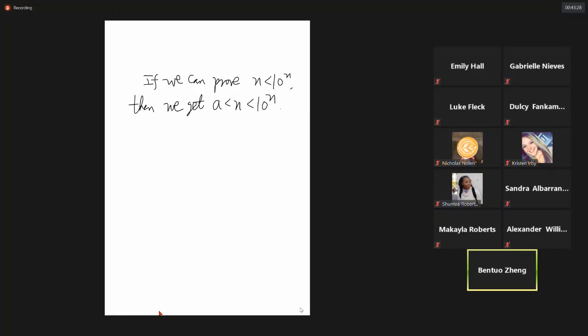So now the problem is to prove n is less than 10 to the n. We use mathematical induction to show n is less than 10 to the n.